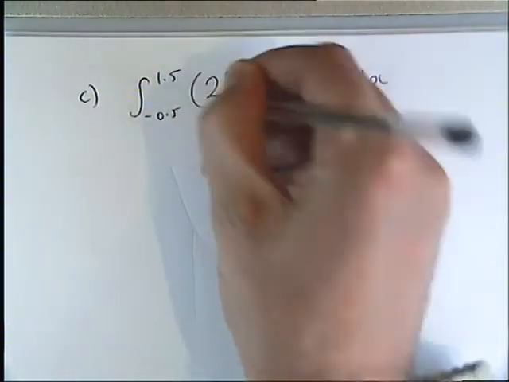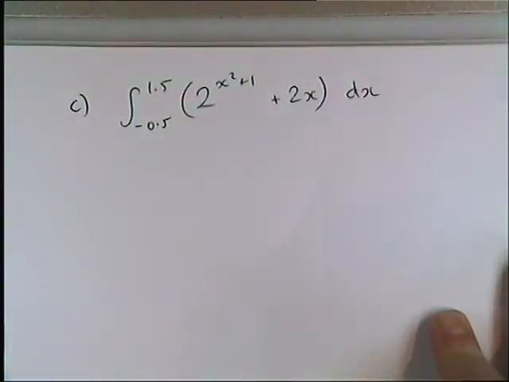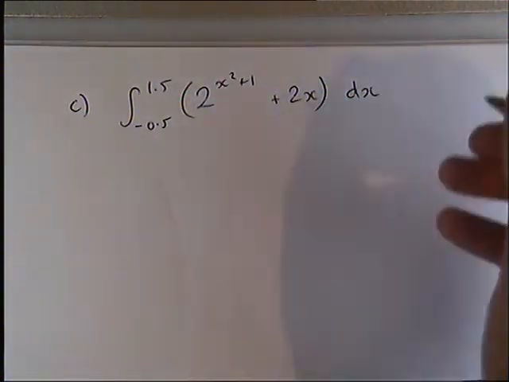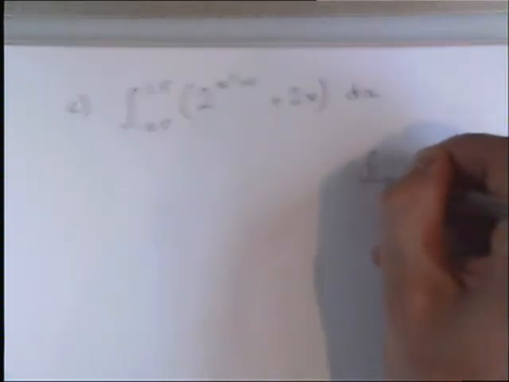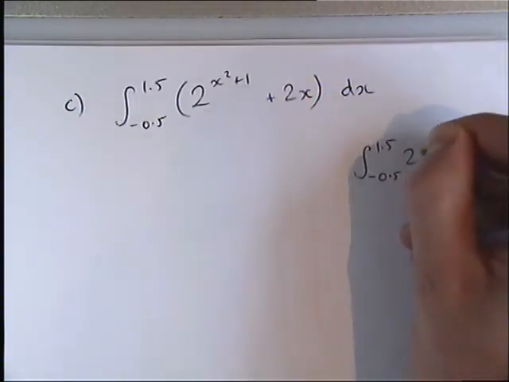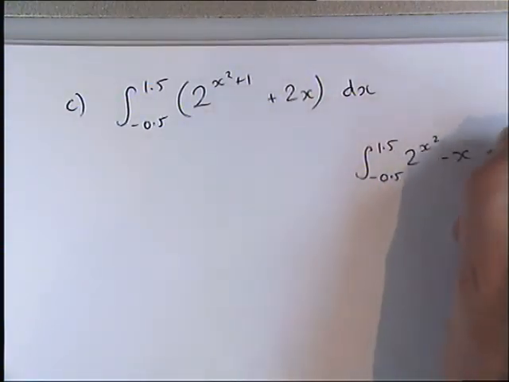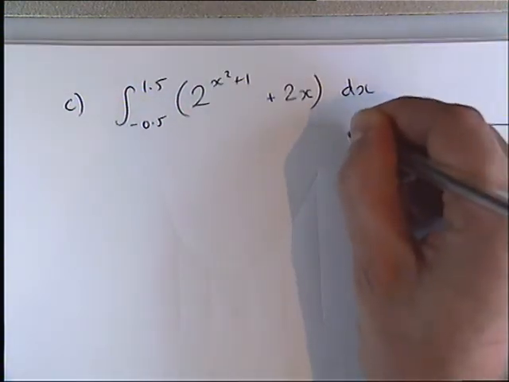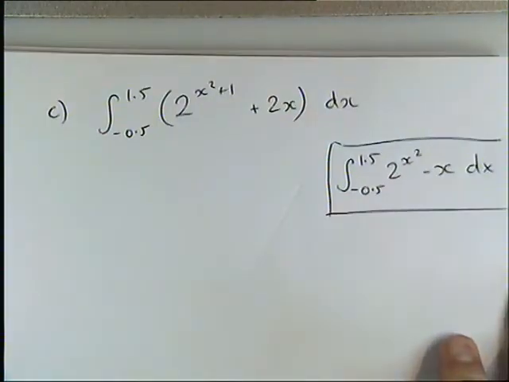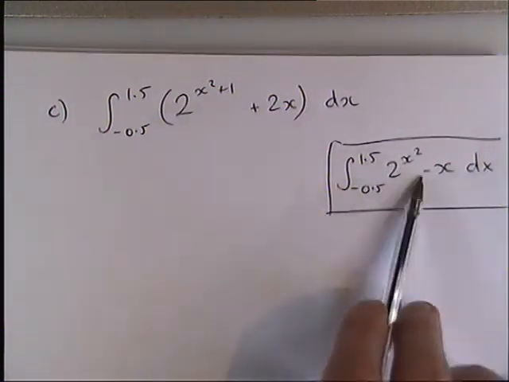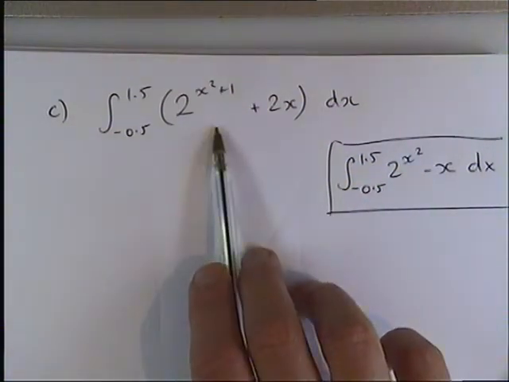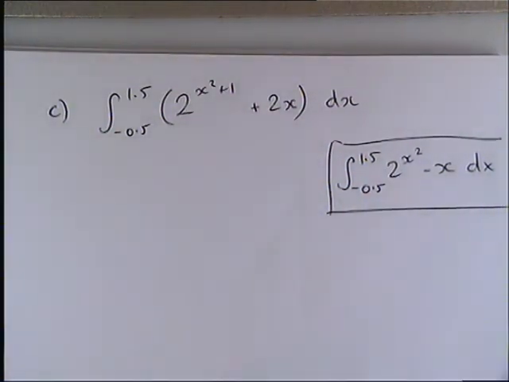So the first thing to notice is that this is similar to what we found in part A. Let's just write down what we found in part A quickly. So we found an estimate for that. Okay, we found an estimate for that in part A. So it's clearly related in some way. Let's see if we can work on this to make it look a bit more like that.